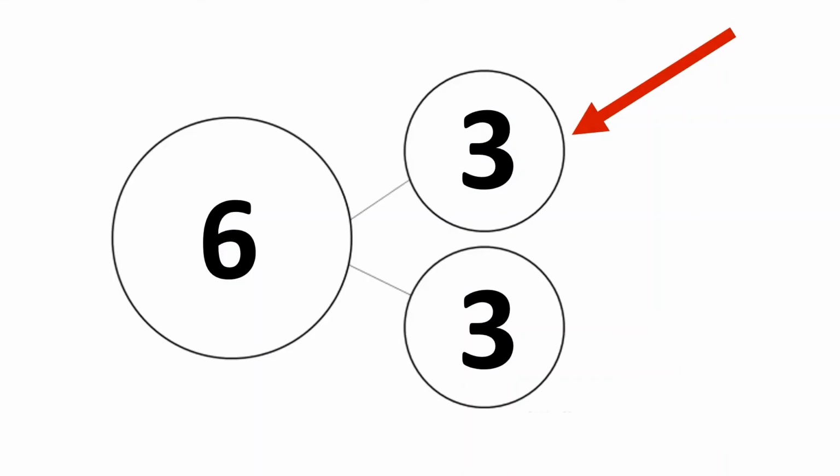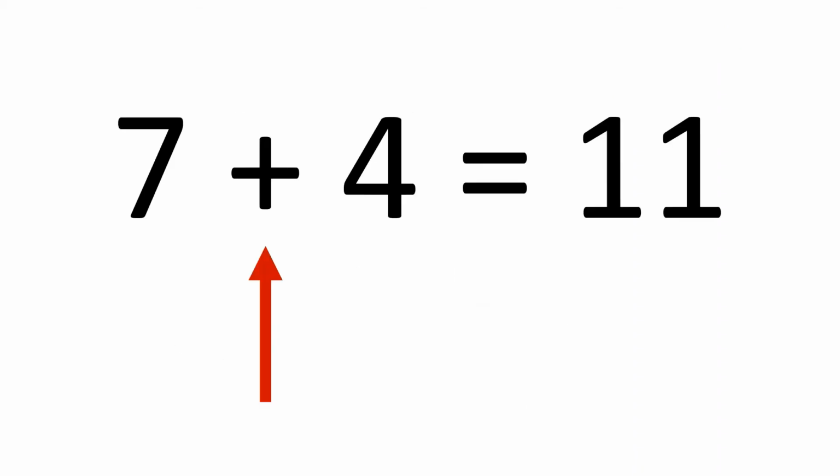Is the arrow pointing to the whole or part of a number bond? The part. The arrow is pointing to the part of a number bond. What sign is this arrow pointing to? The plus sign. This arrow is pointing to the plus sign.